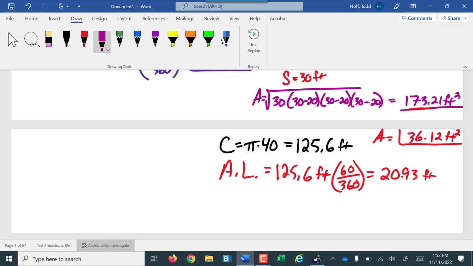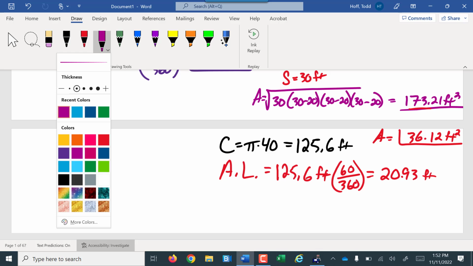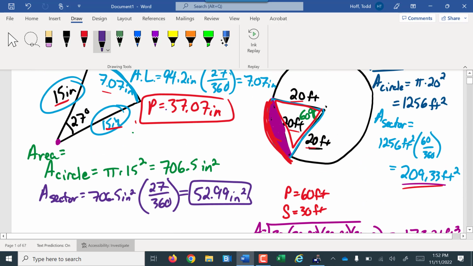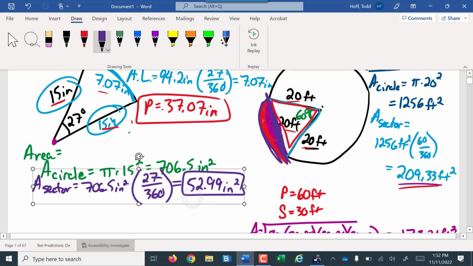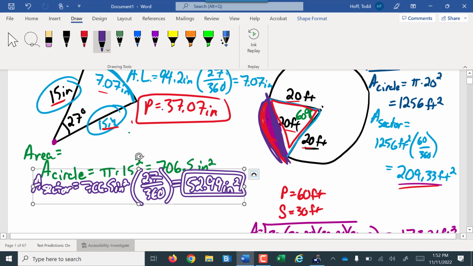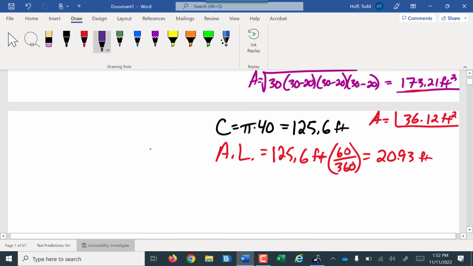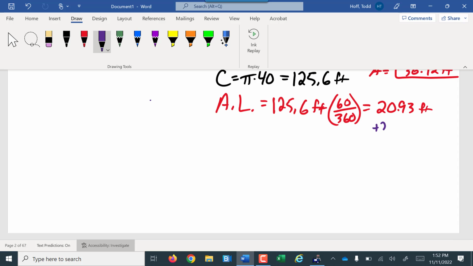To get the full perimeter, though, what do I have to do to that yet? 20.93 is this out here. I need to add this 20 inside, right? Plus 20. So 40.93 feet is the perimeter.